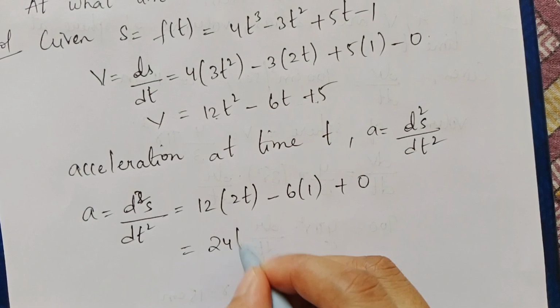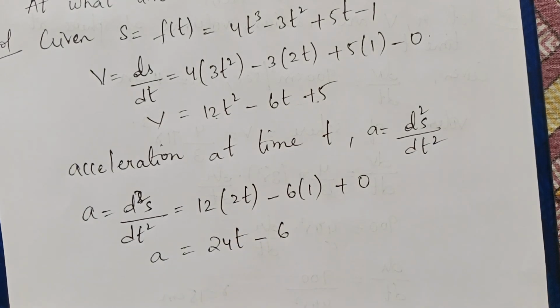So it is 12 2s are 24t minus 6, which is nothing but the acceleration.